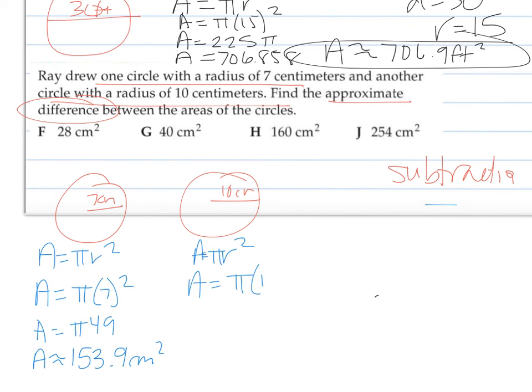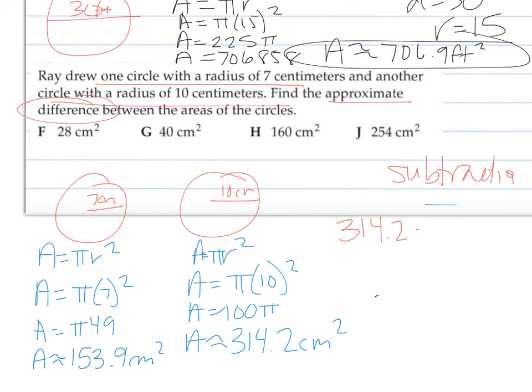Whereas our circle with a radius of 10 will represent approximately 314 and 2/10 square centimeters. Find the difference means to subtract. So I'm going to do the larger circle minus the smaller circle, to see how much bigger it is in area.